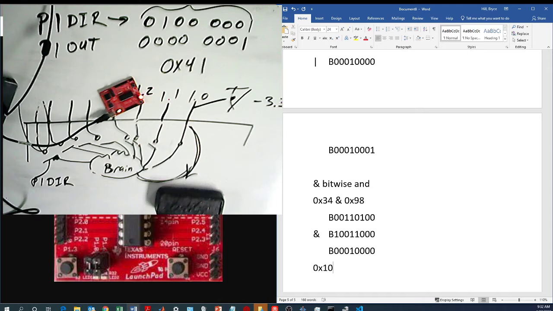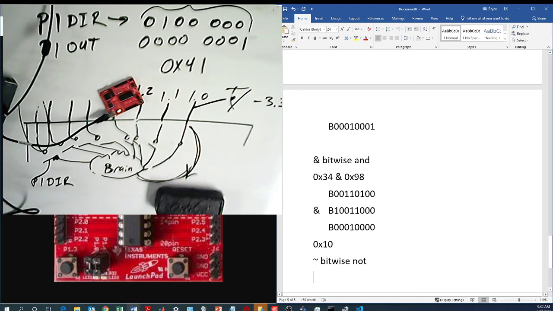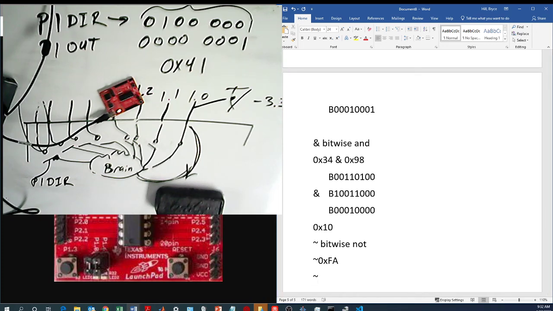I'm trying to think if there's anything else that's bitwise, and there is. Instead of exclamation point, there's tilde, bitwise not, and this kills every bit, changes it, toggles it. Okay, and there's a couple more. So bitwise not. If I do bitwise not of 0x05, or we can do FA, let's do it binary-wise.